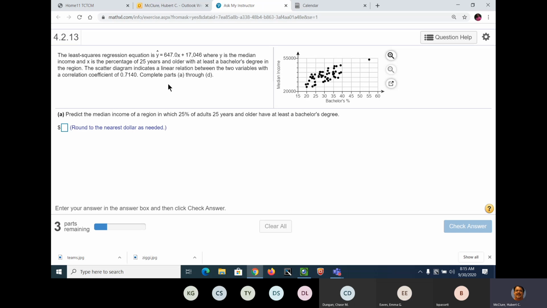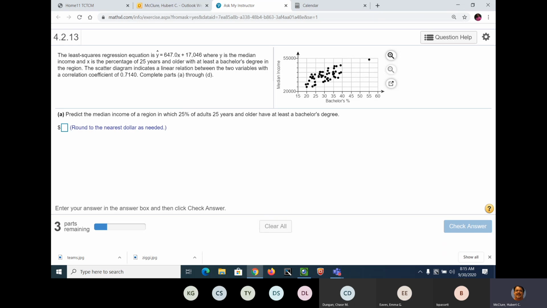Why am I saying people? Do you have to say 25 years and older with at least a bachelor's degree? Does 25 years or older have anything to do with what you're trying to find out? No. So just say people with BA or BS. Just say B. And then, of course, the income is on the right, so I'm just going to put a dollar sign.